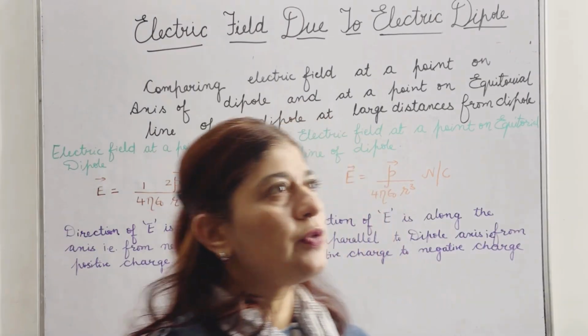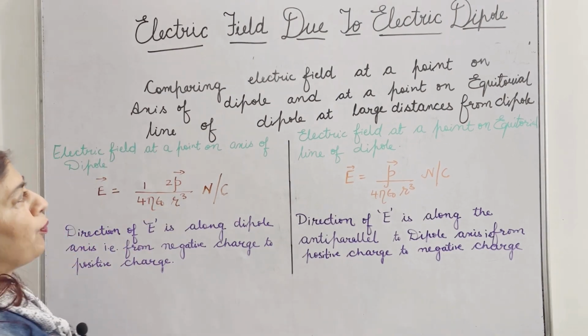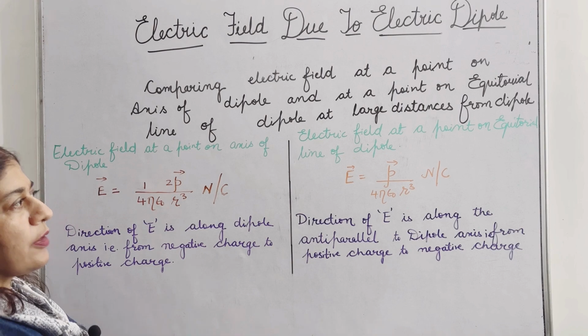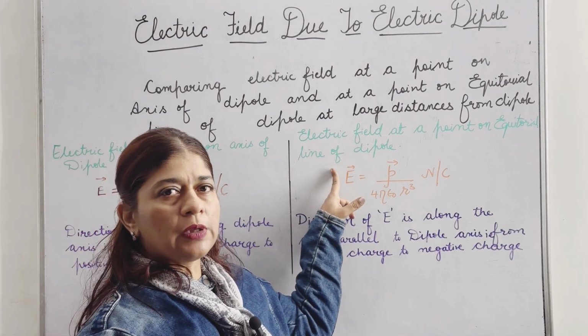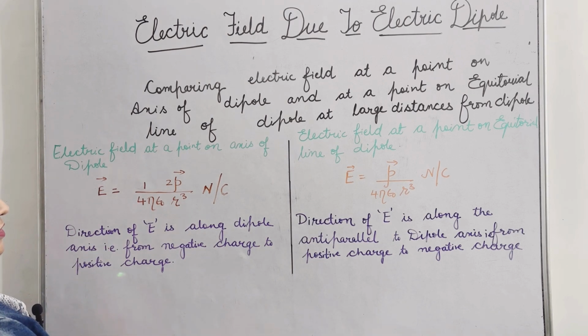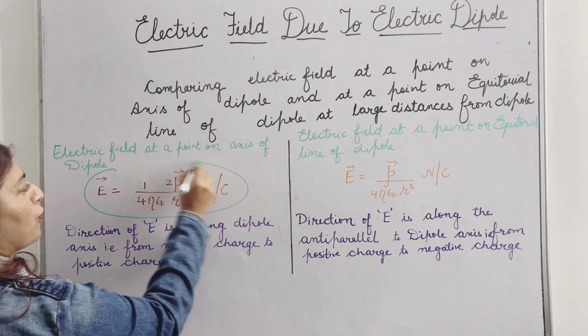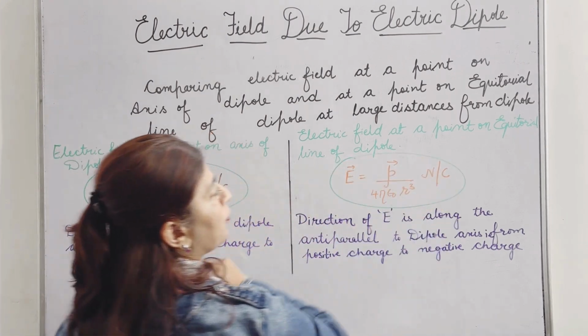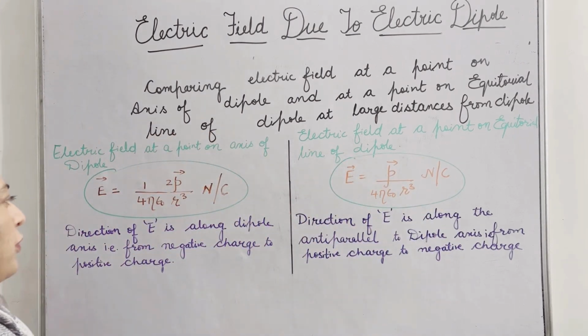Here is the comparison of the electric field at a point on the axis of a dipole and the electric field at a point on the equatorial line of a dipole. We see that the electric field intensity at a point on the axis of a dipole is 2 times the electric field at a point on the equatorial line of a dipole.